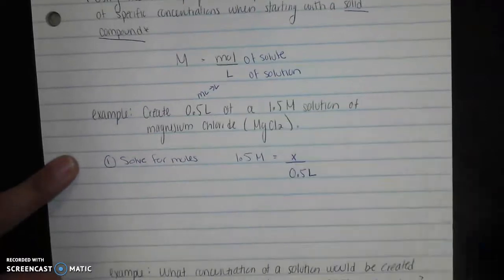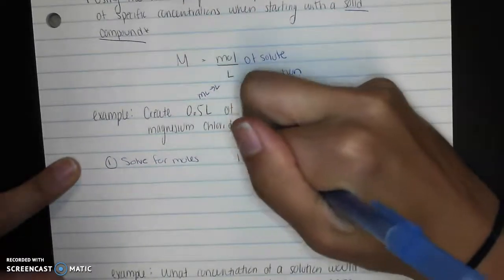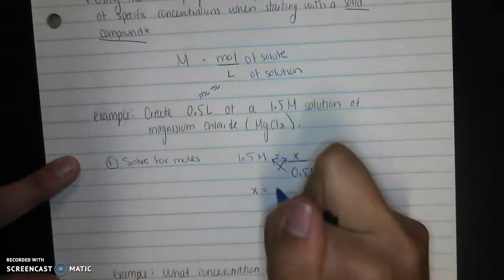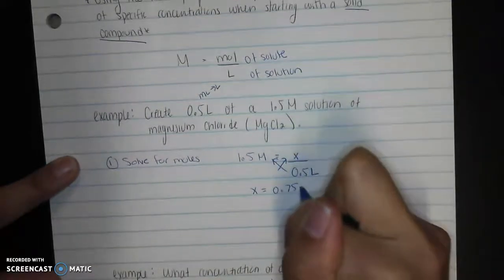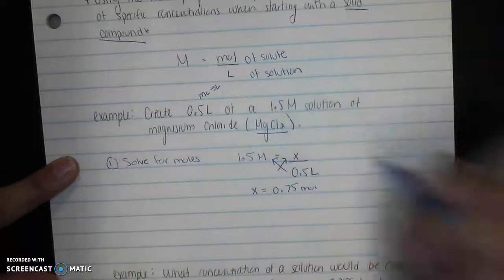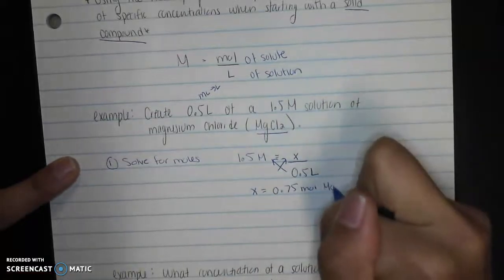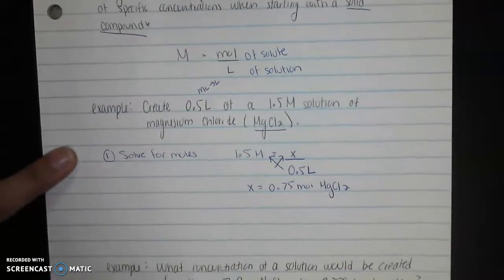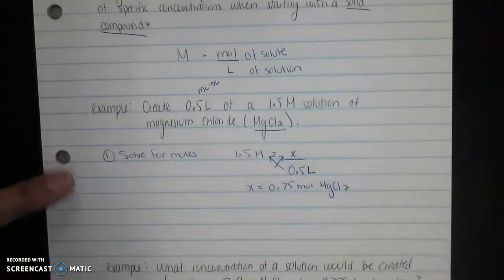Now we have to solve for X. I'm going to cross multiply, multiplying both sides by 0.5, so that X is equal to 0.75 moles. It told me that it was MgCl2, so I know that I need 0.75 moles of MgCl2 in order to create this solution.